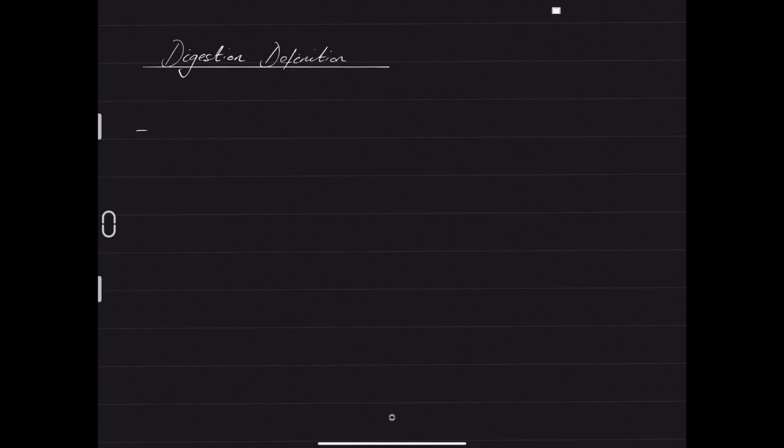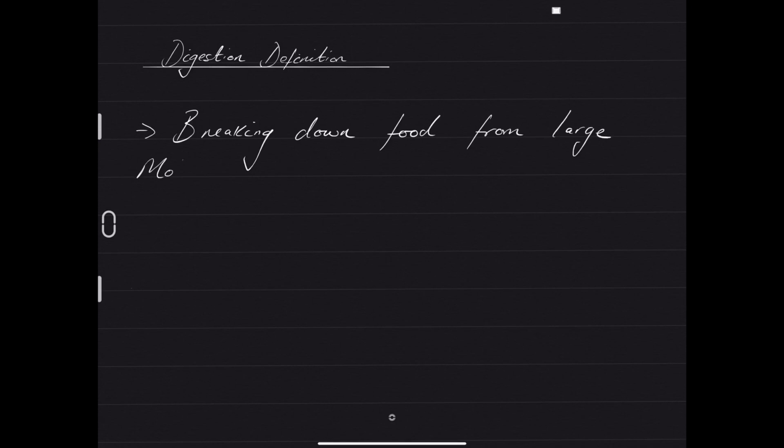First point is digestion can be thought of as the breaking down of food from large molecules to smaller molecules. So, in essence, in a nutshell, digestion is the breaking down of food from large molecules to smaller molecules.